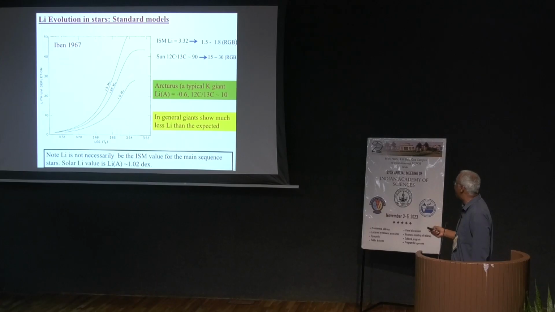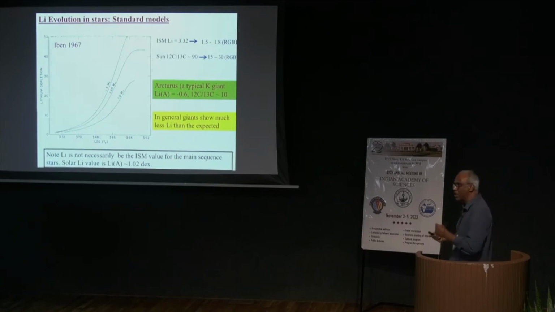That's what all the models tell us, depending on the mass. And because of the convection, the ratio of 12C by 13C on the main sequence is 90, and that becomes 15 to 30 when you go to the red giant branch, because the convection reaches the hydrogen burning cell and brings the byproducts of hydrogen burning onto the photosphere. That's why you see these numbers.